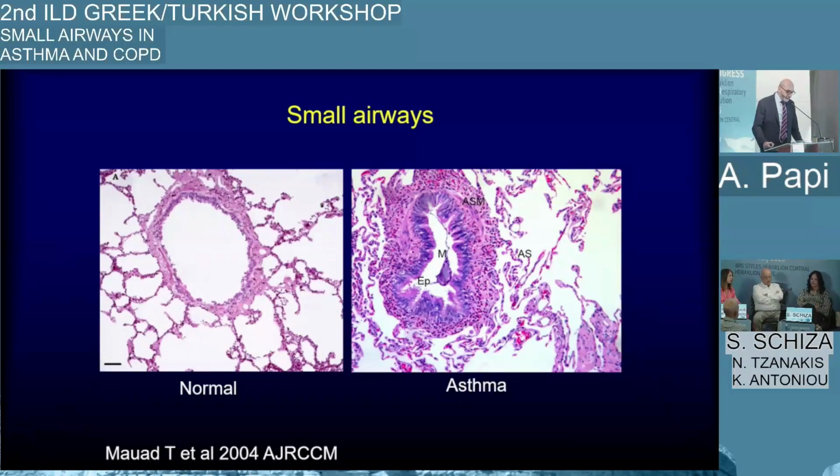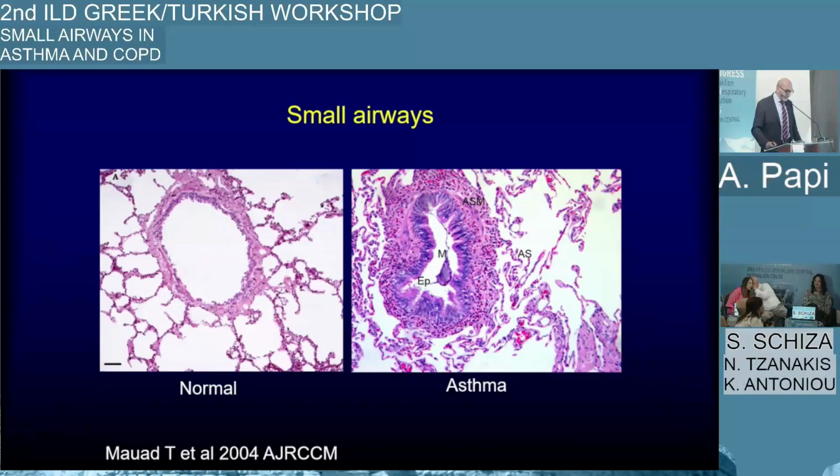Asthma is an inflammatory disorder of the airways throughout the bronchial tree from central to peripheral airways, and this is clearly an example of involvement of peripheral airways. On the right-hand side you can see a specimen of a mild asthmatic patient who died for reasons different from asthma.